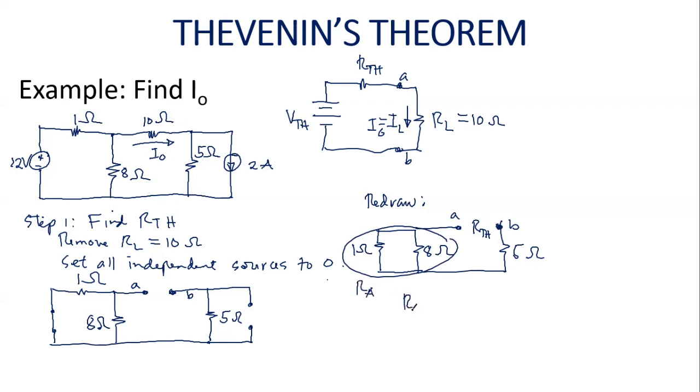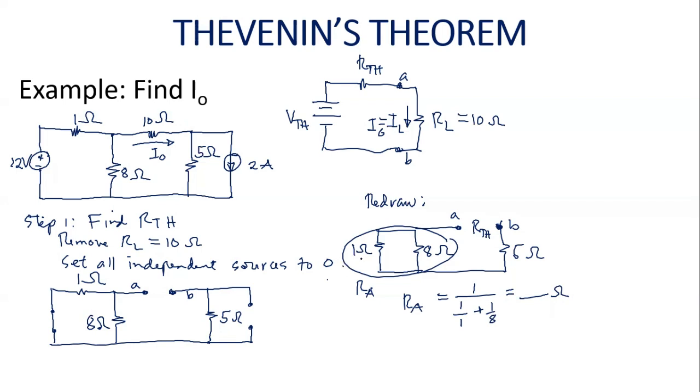And RA is just equal to 1 over 1 plus 1 over 8, or that is equal to, if you compute, you have that value. Okay. Now, if we will simplify the circuit, so let's redraw the circuit again.